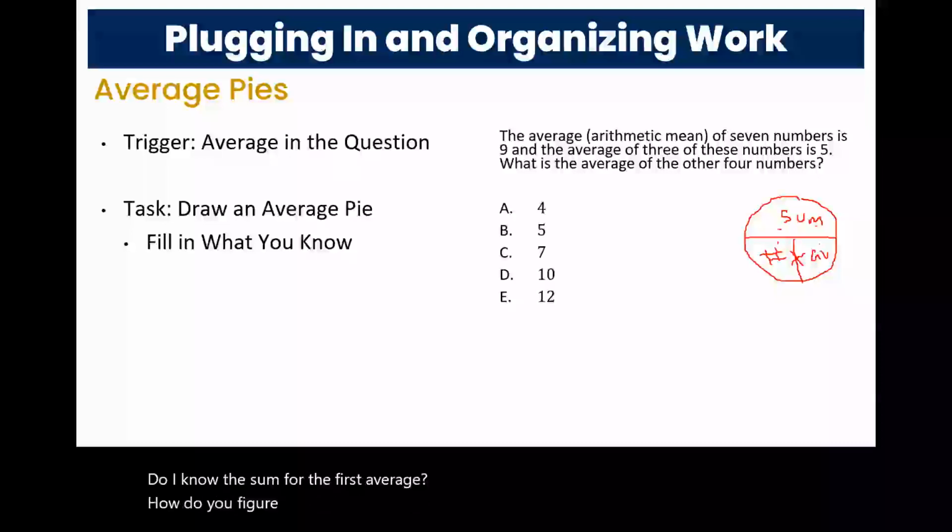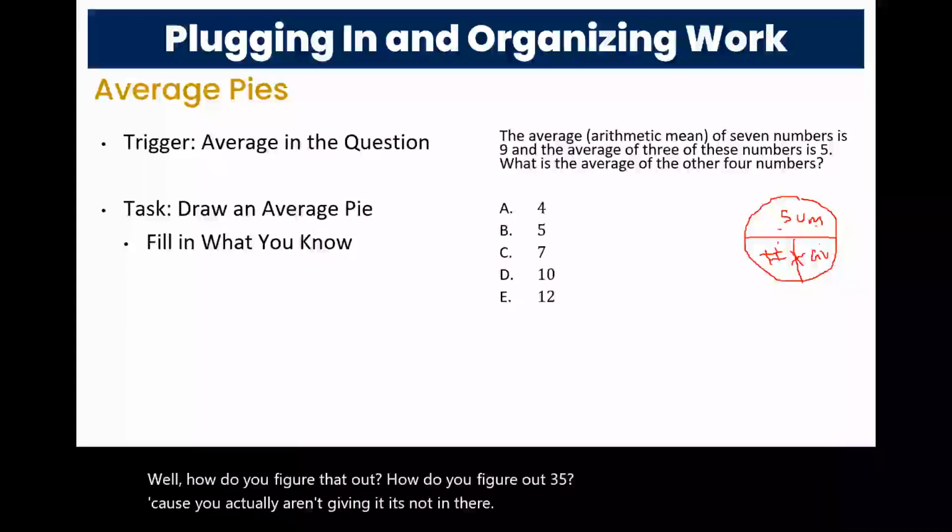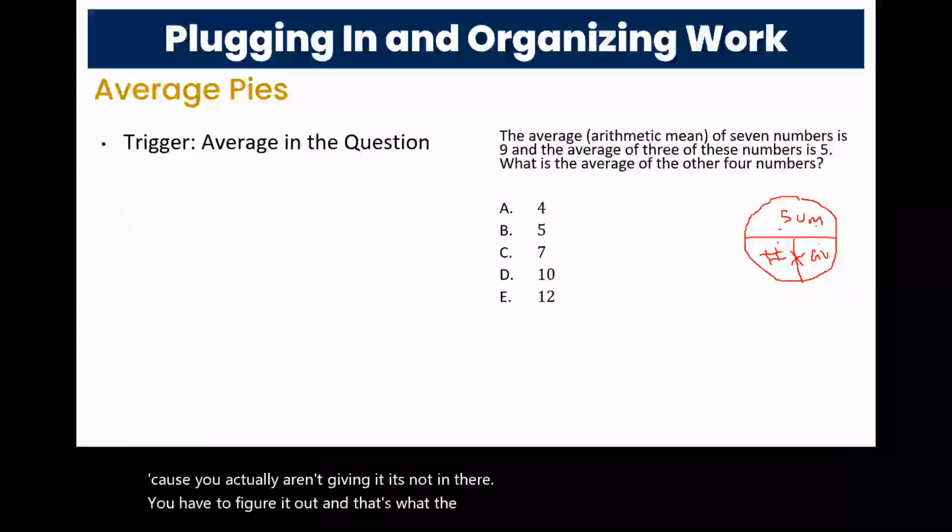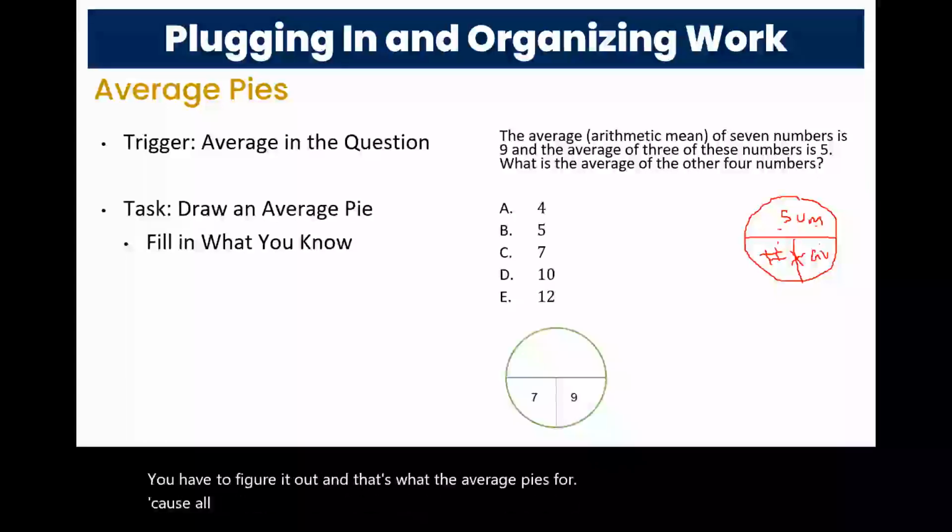How'd you figure it was 35? Because you actually aren't given it. It's not in there. You'd have to figure it out. And that's what the average pie is for. Because all I know for my first one is I've got 7 items that have an average of 9. So what is that sum?